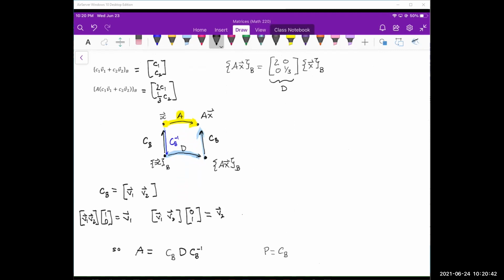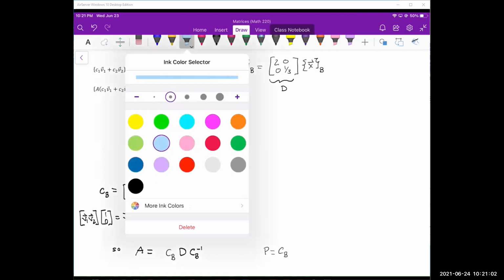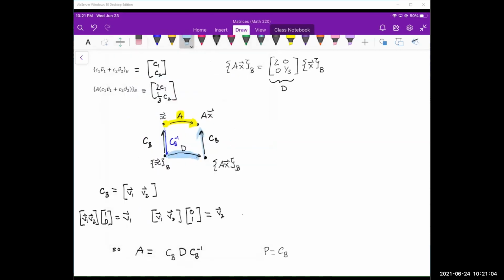So we see just a really easy matrix. It's diagonal. In our case, we were stretching by a factor of 2 in the V1 direction and compressing, so multiplying by 1/3, in the V2 direction. Very simple transformation here.